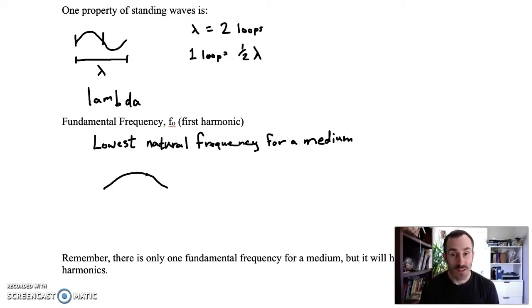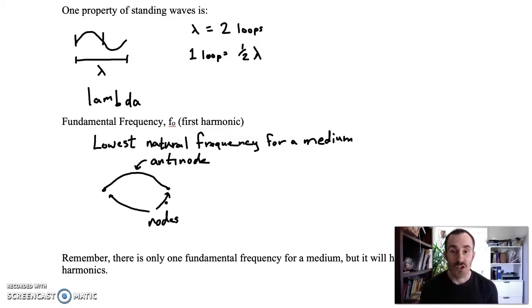One antinode. This is the fundamental frequency. So up here, this is the antinode. And over here, and over here, those are the nodes. So, the fundamental frequency of any medium has one antinode and two nodes.